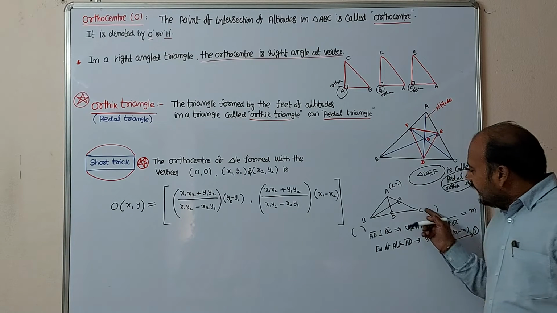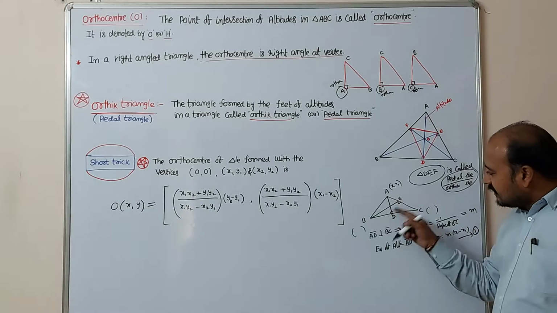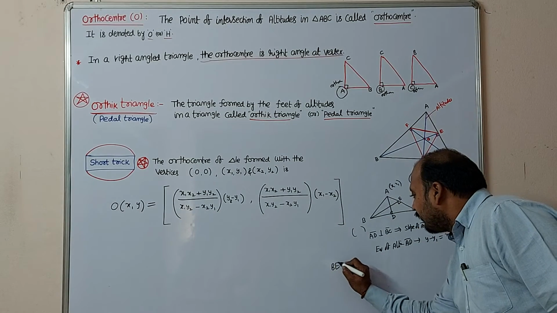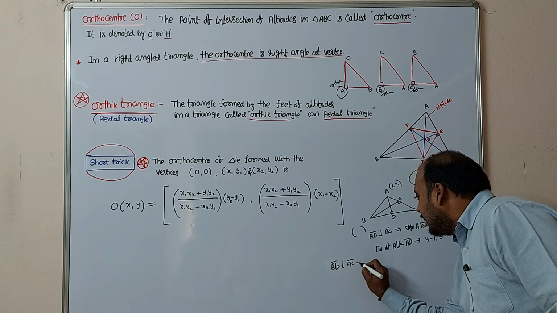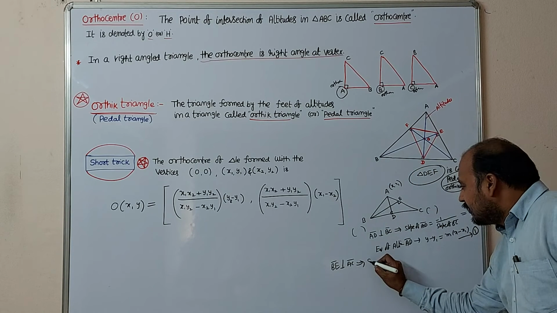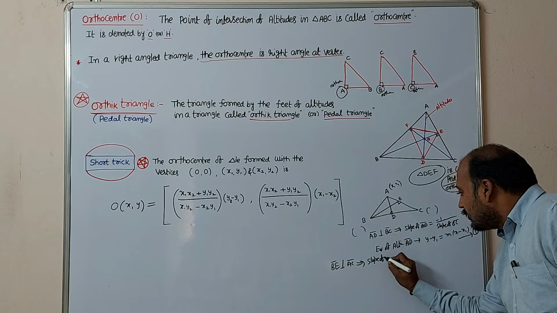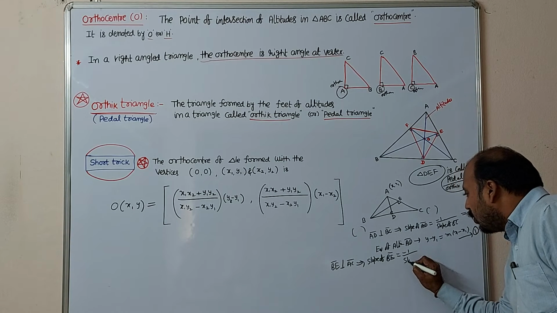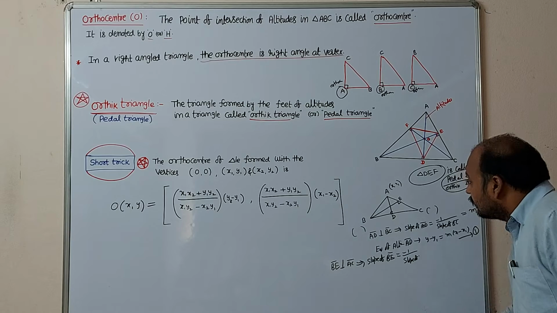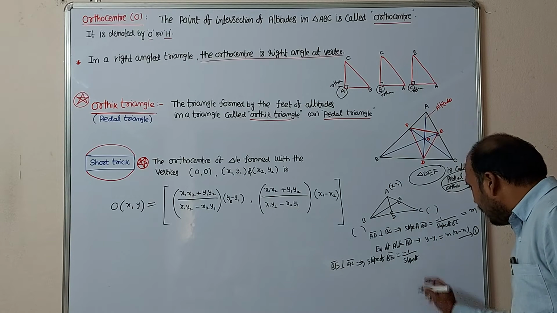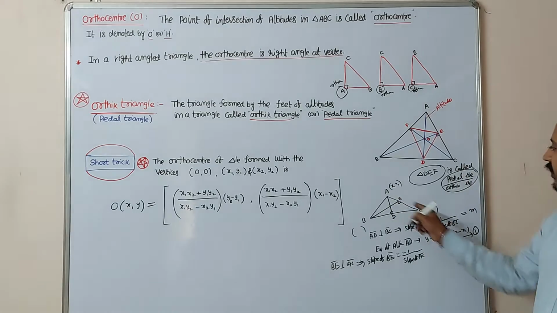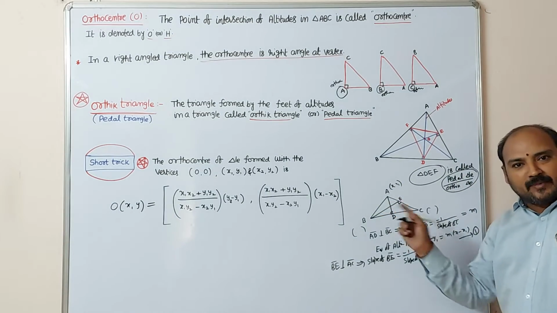Next, calculate the altitude BE. BE is perpendicular to AC, so the slope of BE is equal to minus 1 by the slope of AC. How do we calculate the slope of AC? Two points are there, so y2 minus y1 by x2 minus x1.